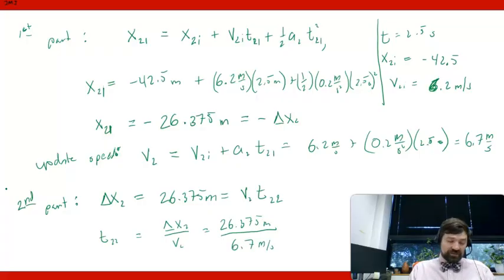So throw that into the calculator, divided by 6.7, and what we get is 3.93. So this is about 3.936. So let's call it 3.94 seconds. So now we ask, what's the total time?